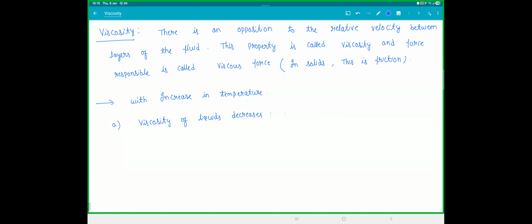So what exactly happens here? The bond distances increase. When you are heating up, the liquid's molecules start vibrating, the distance between them increases, so the interaction between them decreases. So the liquid flows much faster.